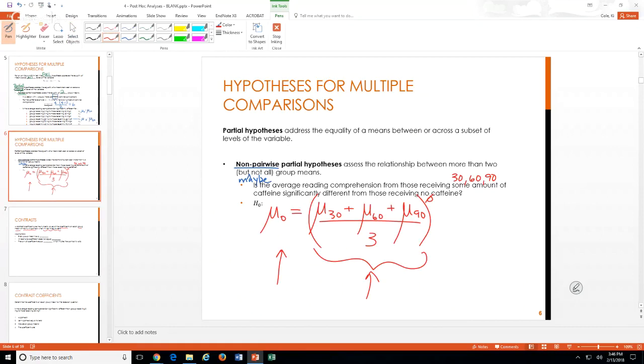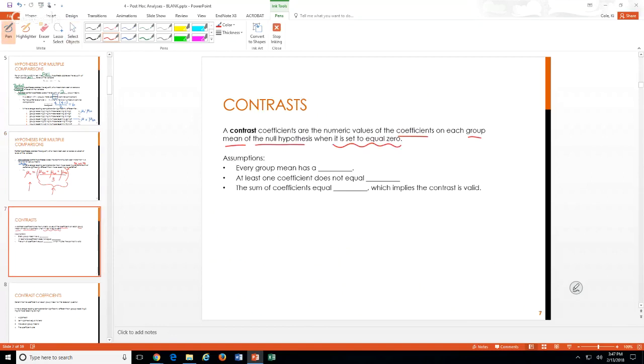And if we set this equal to 0, what would the coefficient be on each of those group means? Those are going to be our contrast coefficients, and they're important. So these are the 3 assumptions or characteristics of these contrast coefficients. The first one is that every group mean has a coefficient.